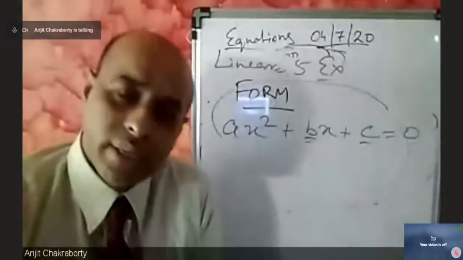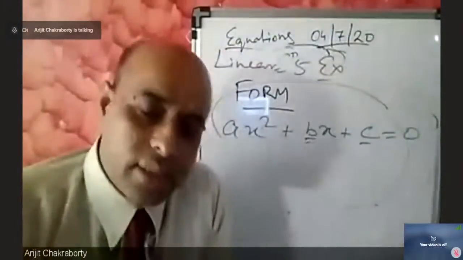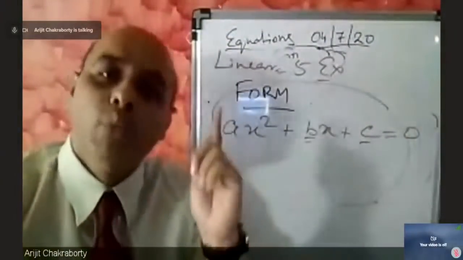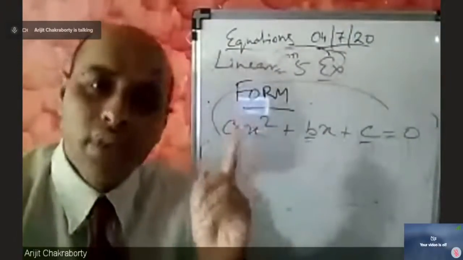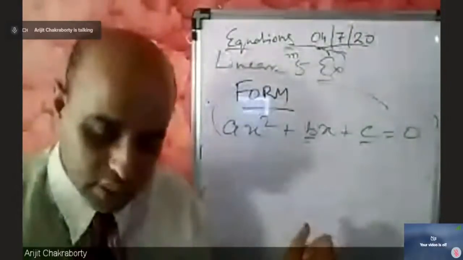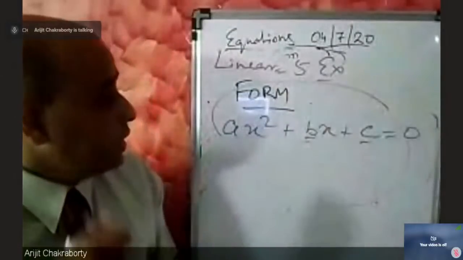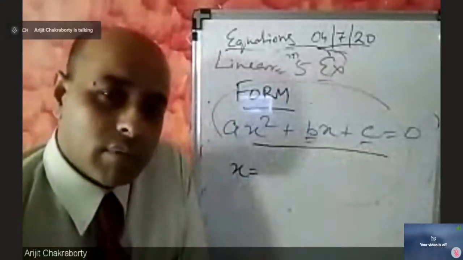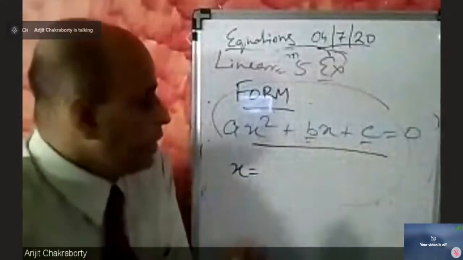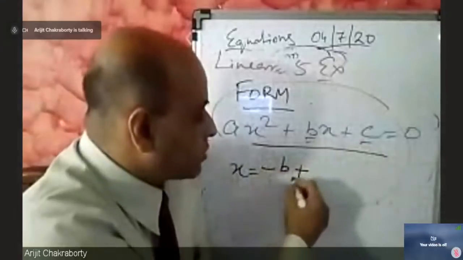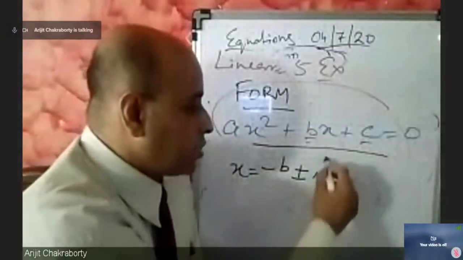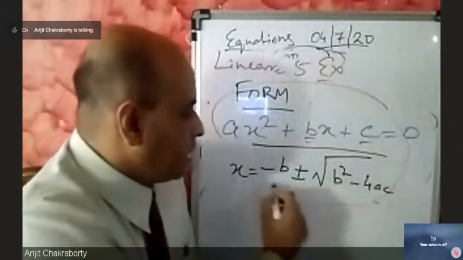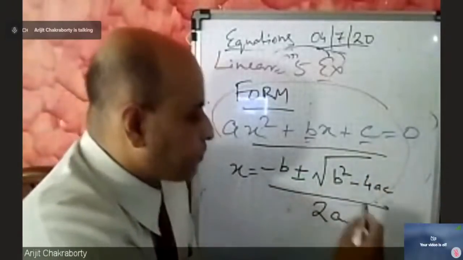It can be a linear equation, a quadratic, or a cubic equation, but I'm sure a question will come in the CA Foundation exam on equations. So you must remember this solution, the root: x will be equal to minus b plus minus square root of b square minus 4ac by 2a.